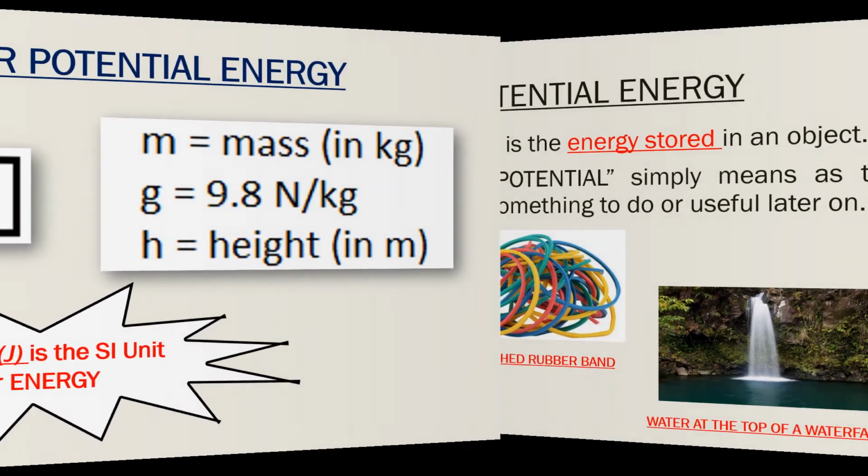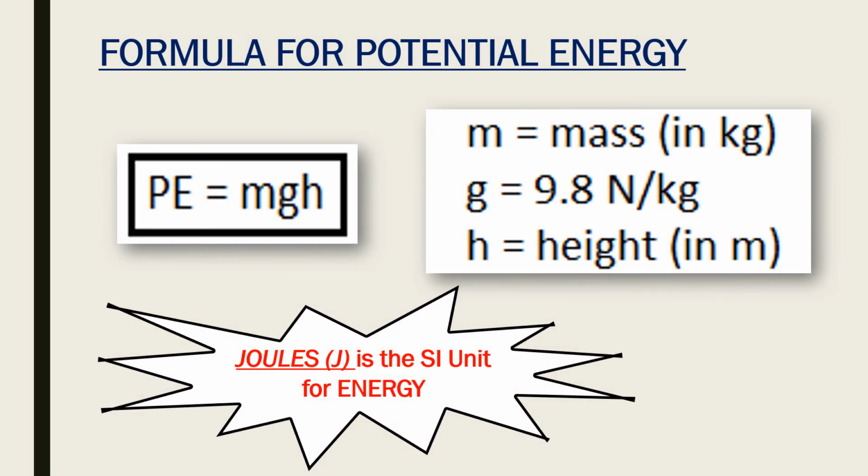In calculating the potential energy, do not forget this general formula of potential energy: PE is equal to M times G times H, wherein M stands for mass, that is always in a unit of kilogram.